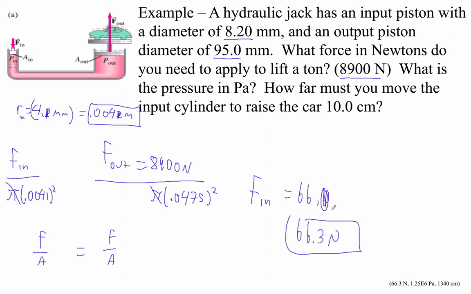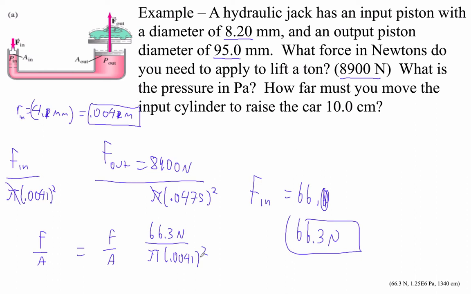What is that pressure in pascals? Okay, so I guess I can just go force divided by area. 66.3 newtons divided by that area, so pi times 0.0041 squared. So I'm going to divide that by parentheses, pi times 0.0041 squared.